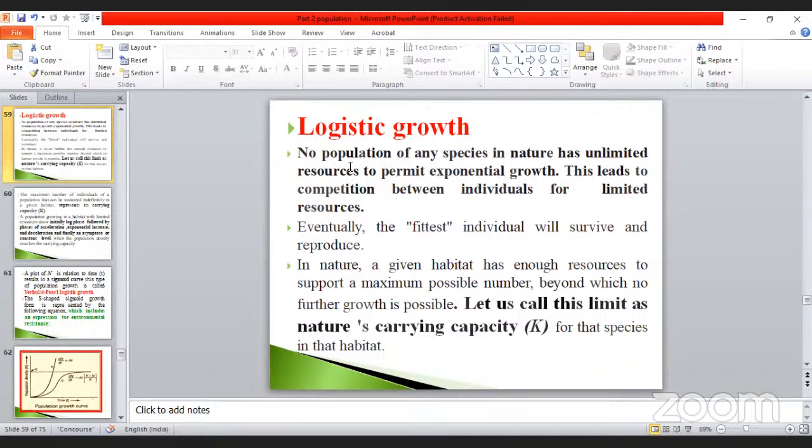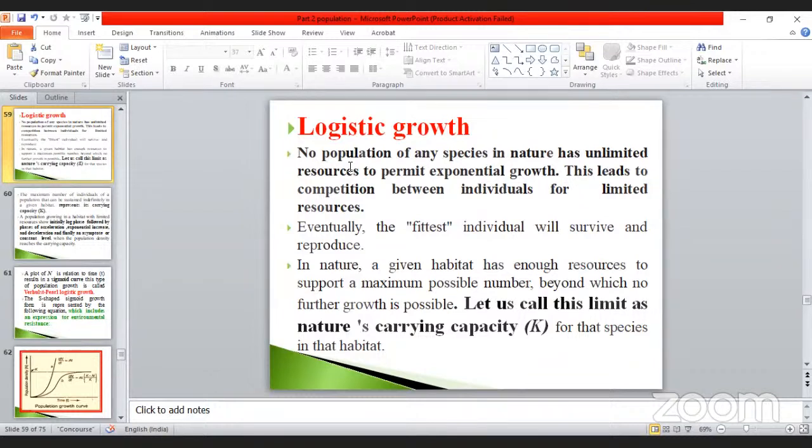Unlimited resources, what are those? Space, food, water, whatever it may be. Exponential, what does that mean? We cannot control the growth. This leads to competition between individuals for limited resources. So the logistic growth curve is also one representation of population growth.